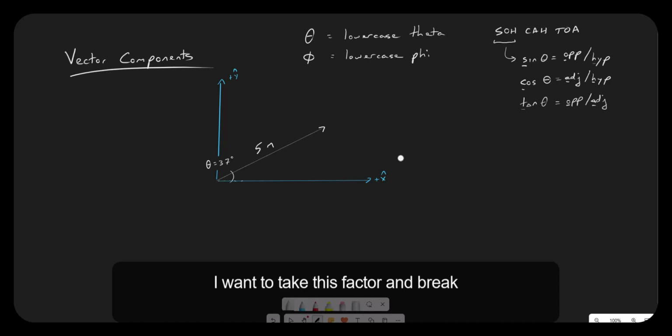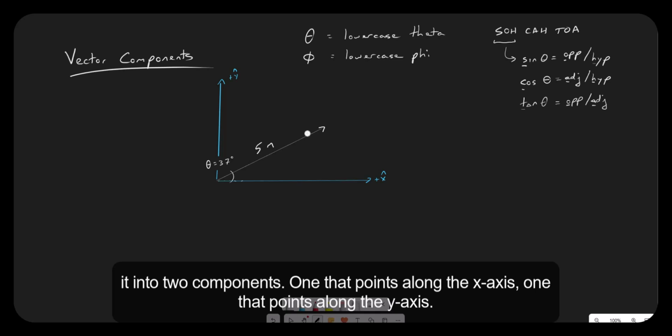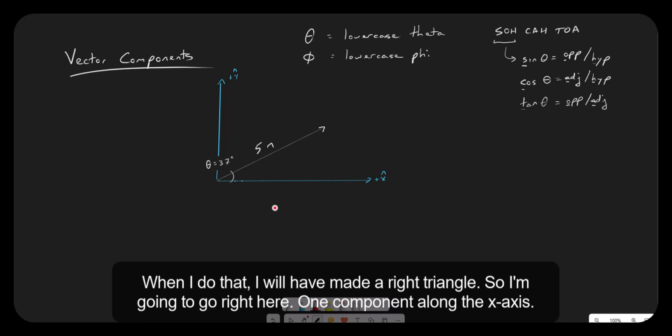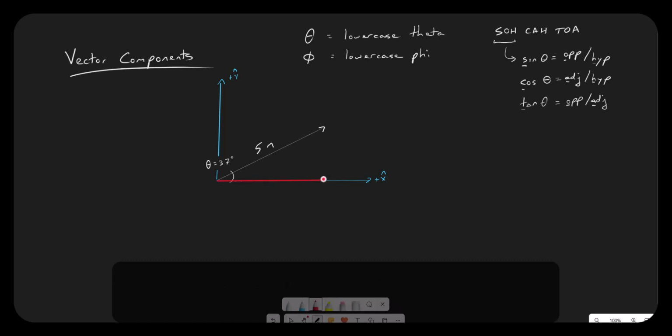I want to take this vector and break it into two components. One that points along the x-axis, one that points along the y-axis. When I do that, I will have made a right triangle. So I'm going to go right here, one component along the x-axis, one component along the y-axis.